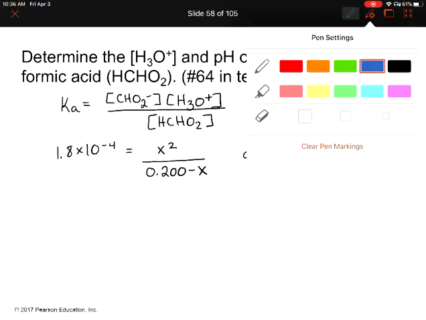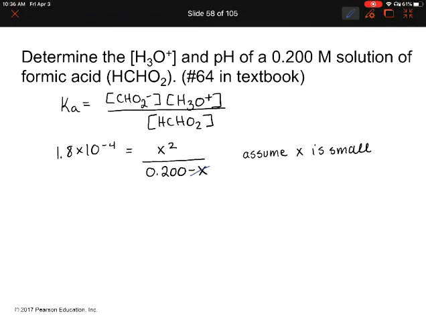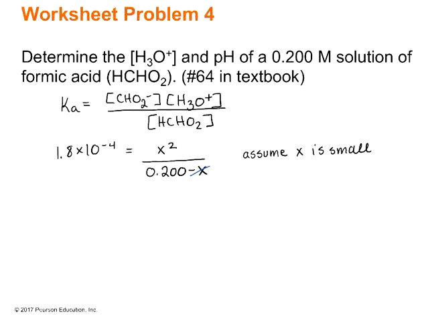Okay, so let's ignore that change in X on the denominator. And that means we're going to multiply the value of Ka by 0.2. And then we set that equal to X squared.